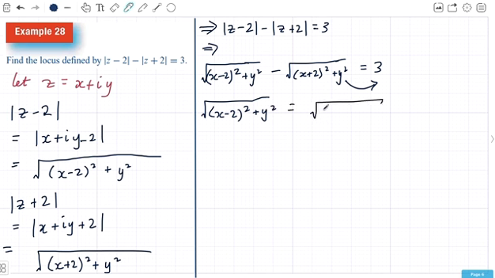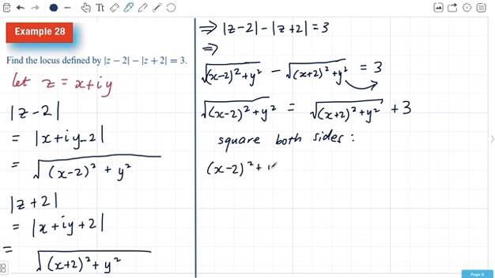I'm going to square everything because I want to get rid of the square roots. So what we're going to do now is square both sides. Squaring both sides, the square root will disappear on the left side. On the right side, it's not quite so nice.